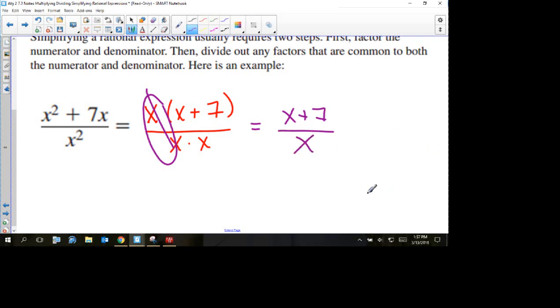Can I cancel those x's? Why can I not cancel the x's? What did I not do to allow me to cancel this x with that x?